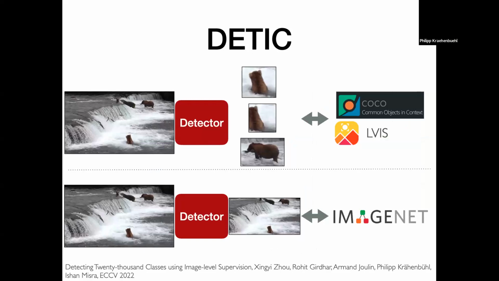Now, if you just train this on COCO and LVIS, you'll get the same detector that does not know what a lion is. All right. But what we also do is we use ImageNet, and we use the 21,000 categories of ImageNet as supervision for this detector. For anything that has a bounding box annotation, meaning COCO and LVIS, we train this just like a regular detector.